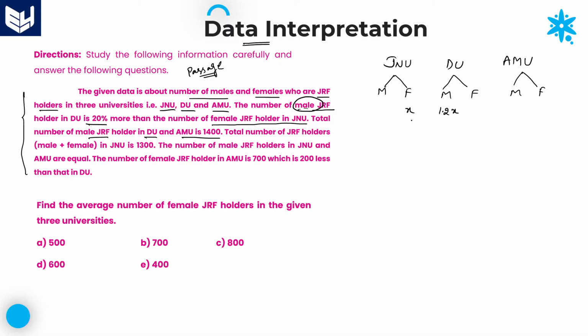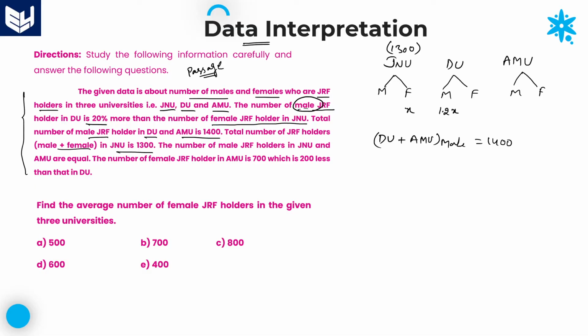Next, the total number of males in DU and AMU is equal to 1400. DU plus AMU male is equal to 1400. And next, the total number of JRF holders, male and female, in JNU is given as 1300.